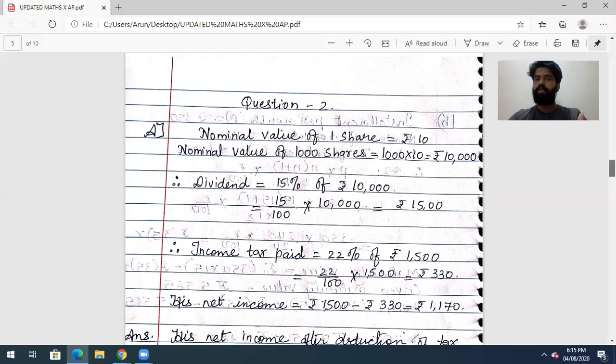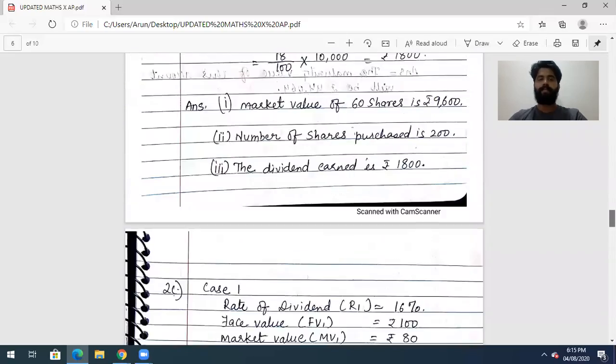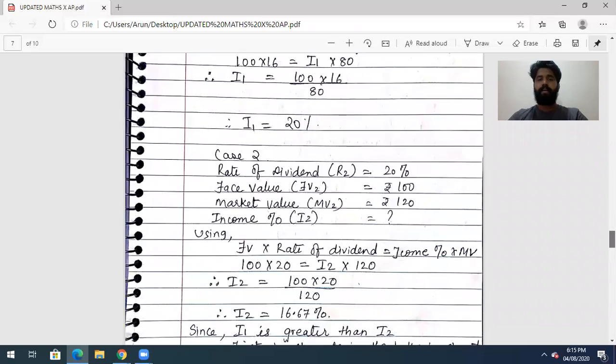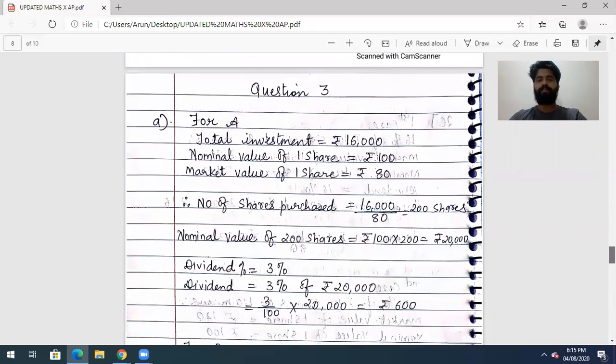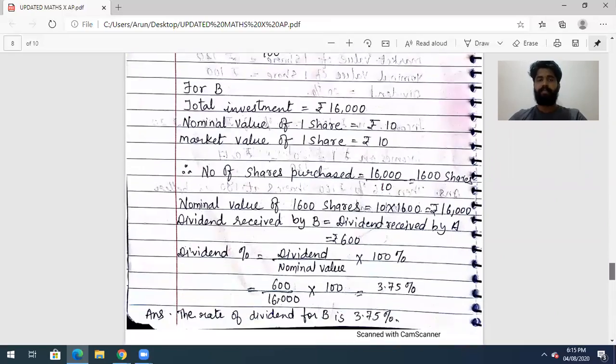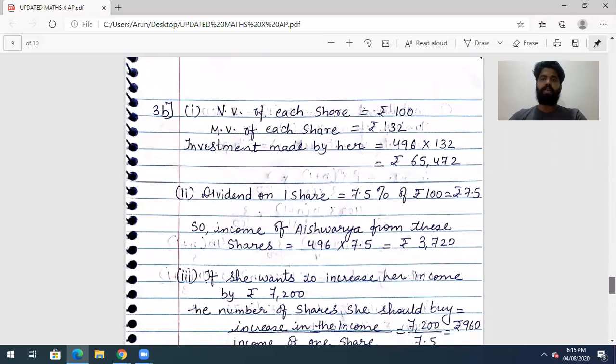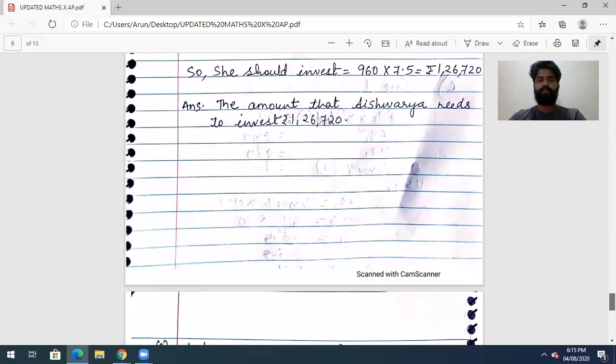So we will not go through the solutions for those. Question 2A, B, C are all from shares and dividend. Again, question 3A is from shares and dividend. 3B is also a question of shares and dividend.